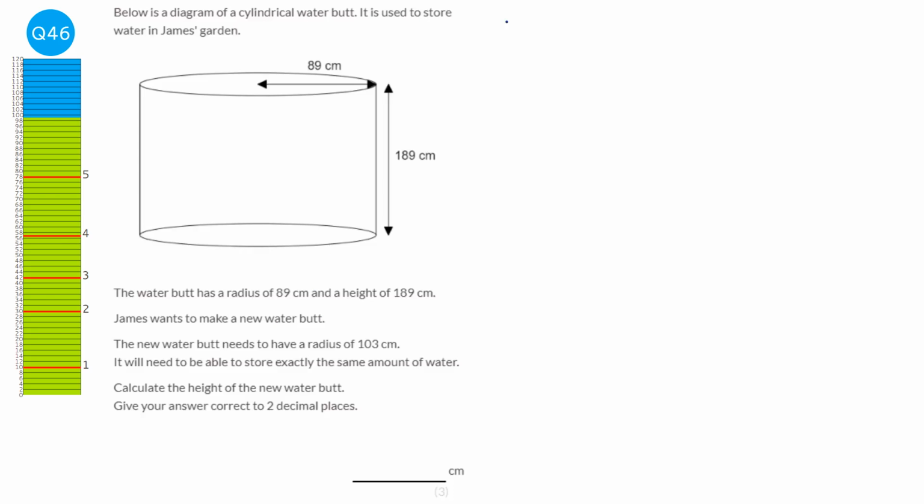So first thing to realise is that the formula for the volume of a cylinder is pi r squared h. So what we need to do first of all is work out the volume of the water butt that James currently has. So we're going to do the volume equals pi times the radius, which is 89, squared, times the height, which is 189.